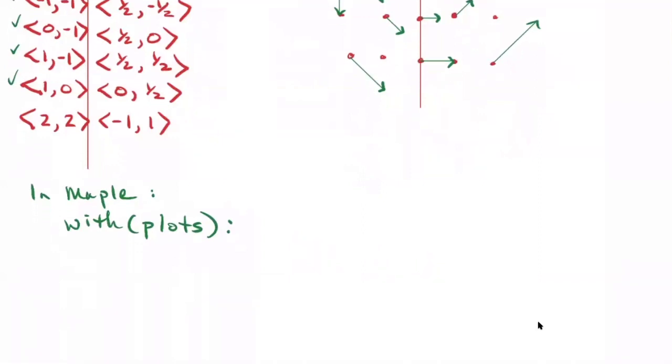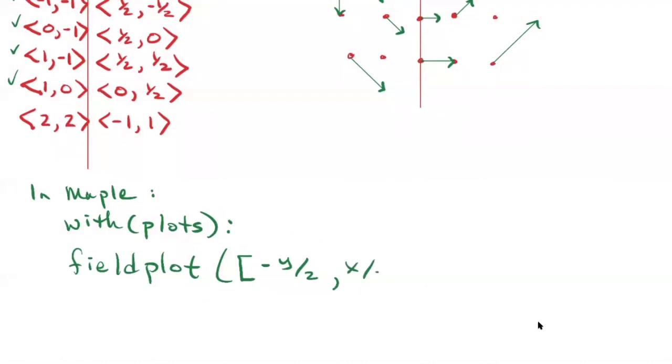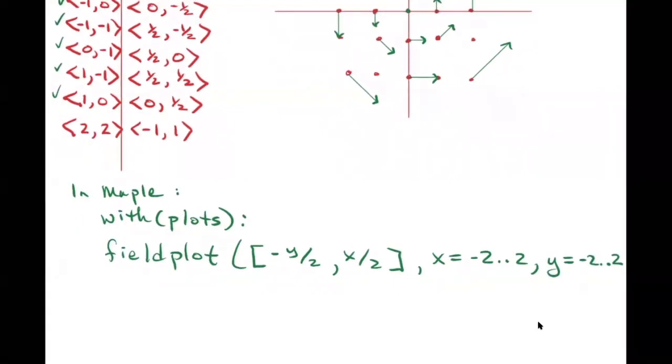So in Maple, you do with plots, and let's say the first command was field plot, and we did a vector, and we do like negative y over 2 comma x over 2, and I had x go from -2 to 2 and y from -2 to 2, and then Maple likes you to end with a semicolon, but it's not required.